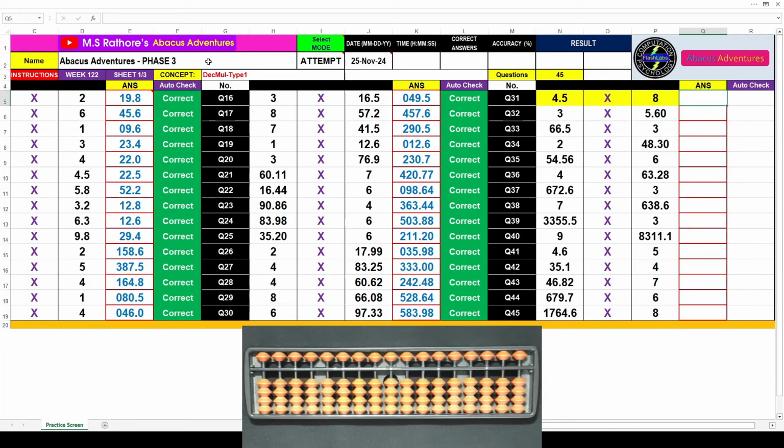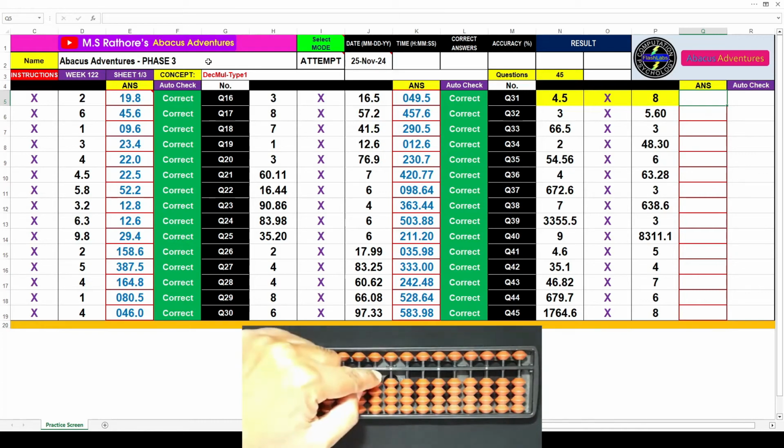Now question number 31. 4.5 multiplied by 8. It's a simple value, one digit before the decimal point in the multiplicand, that is 4, and one digit in the multiplier. So let's take our odd number 2 here to place the answer from. Now from right to left, it should be considered as 8 multiplied by 45. Yes, you remember, once the finger has been placed, you treat both the values as normal values.